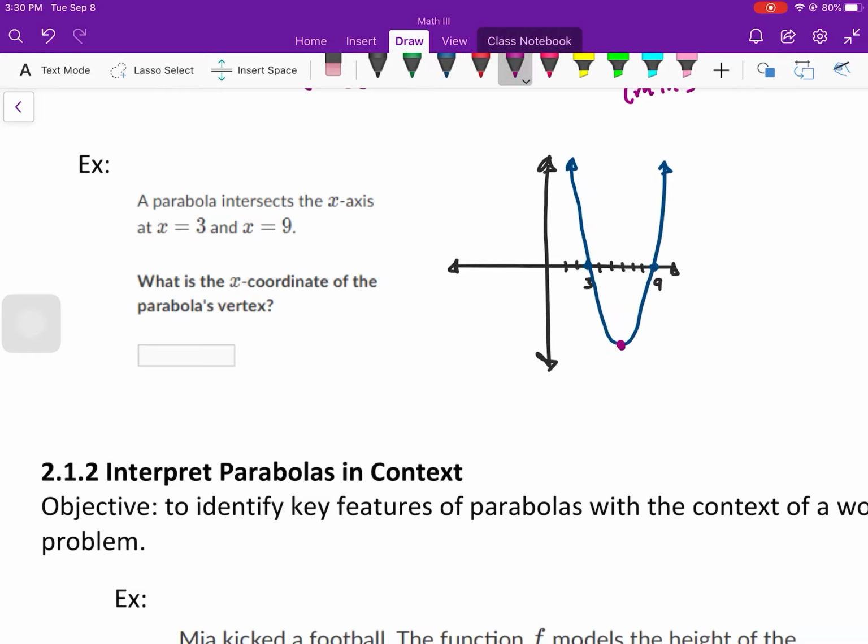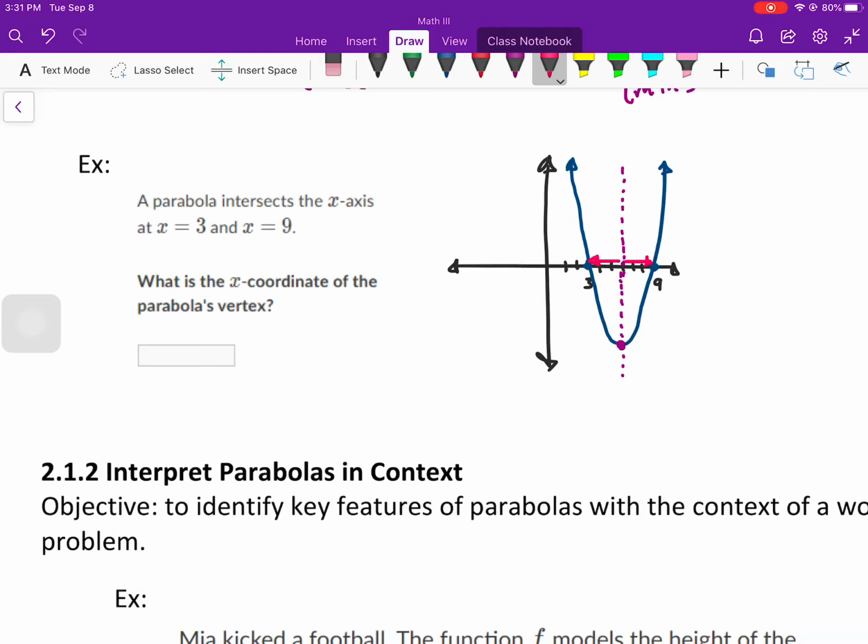So what's nice about the vertex, or the axis of symmetry, is that we'll draw that axis of symmetry going right through there. So it has a symmetry with the x-intercepts as well.